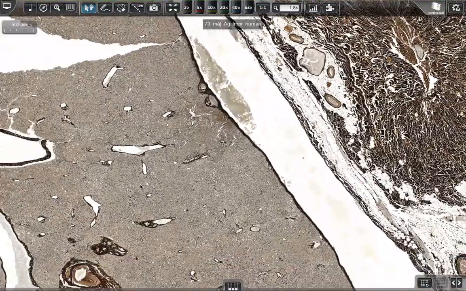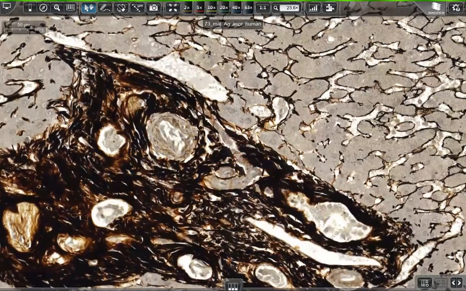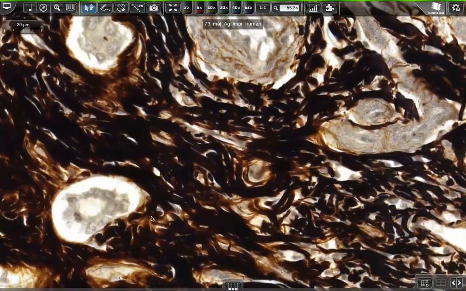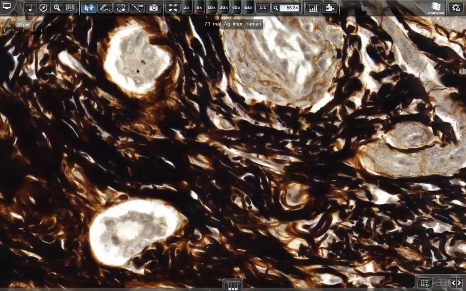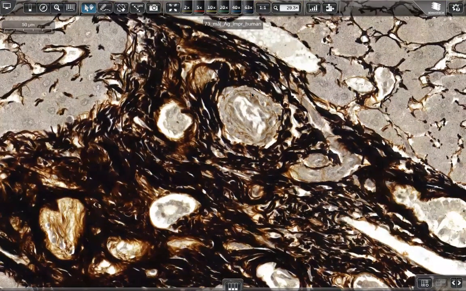By the way, here it's not so nice, but we can identify. So look at that. Here we have the interlobular ducts. We can see just the exact silhouette of the nuclei of the columnar cells. So these are interlobular ducts. That's an artery because of the thicker muscular wall.